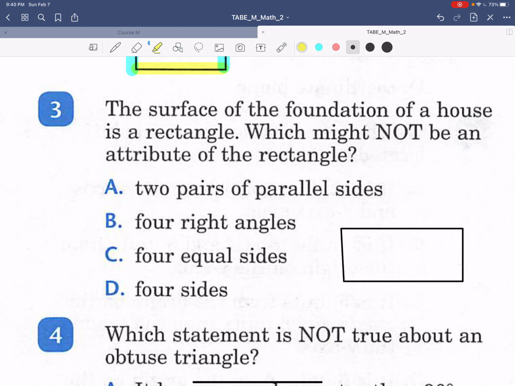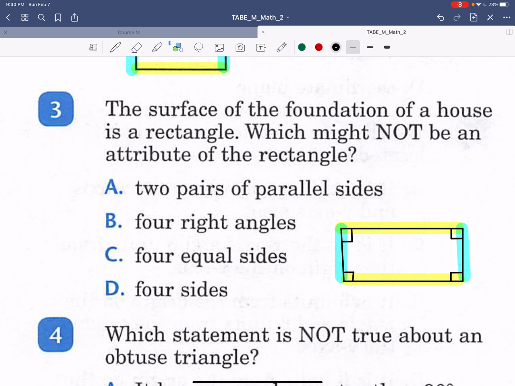Two pairs of parallel sides. There's a pair, and there's a pair. So A is true. B, 4 right angles. 1, 2, 3, 4. That's true.